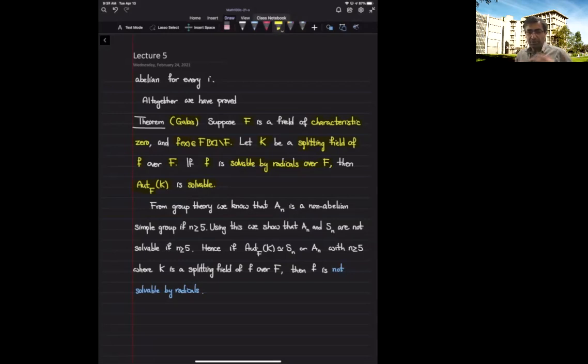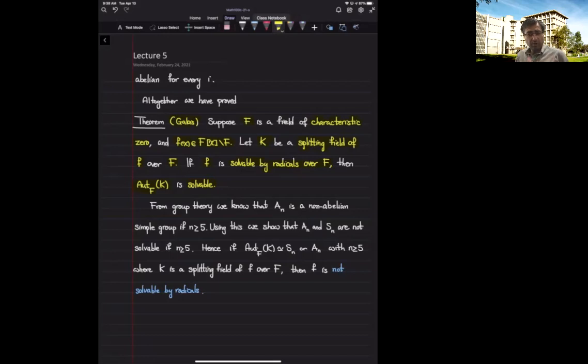Then we also argue that in certain cases for some polynomials f, the group of automorphisms of their splitting field is isomorphic to S sub n or A sub n, from which we deduce that these polynomials cannot be solvable by radicals over the base field.